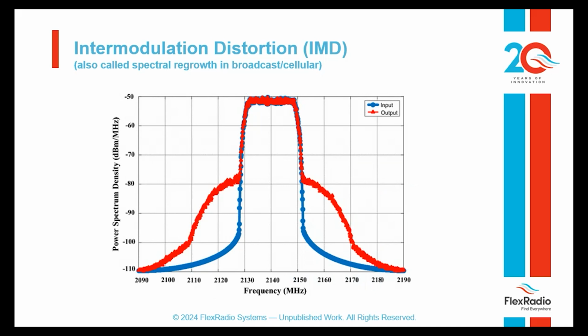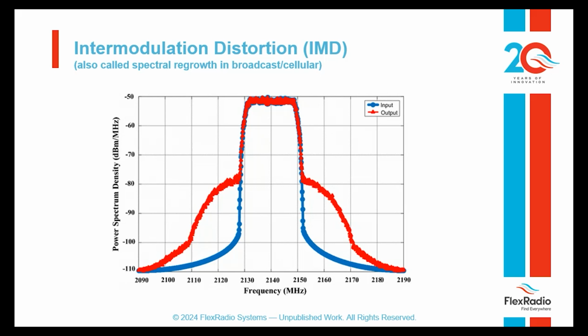This isn't just a ham radio problem. This exists with any kind of linear amplifier. This is an example in the cellular market of this happening as well. The blue signal here is the exciter waveform, and this is what we call professionally in the world of radio a Bart's head. The signal goes up and it has all these multiple carriers and then comes back down. So this signal's fairly wide. I think this one looks like it's 20 megahertz wide.